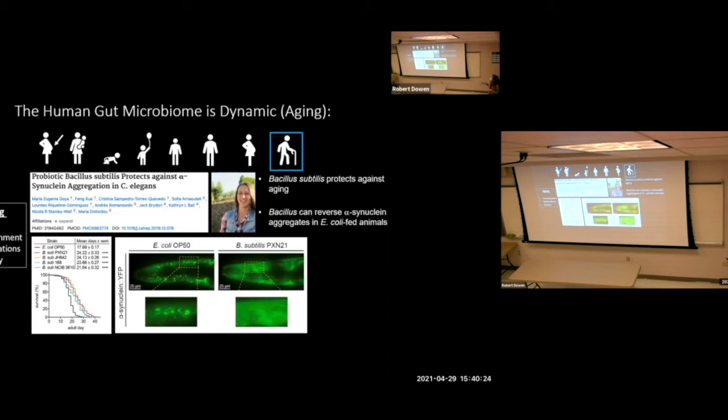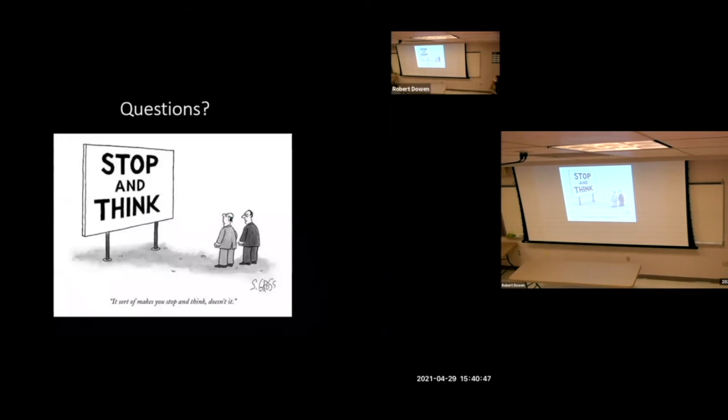If you feed these worms Bacillus subtilis, it can actually reverse these aggregates. You don't see these puncta of green, and those aggregates are being cleared, and that's a sign of more healthy aging. So one single type of bacteria that's in your gut can have a huge impact on your life and your physiology.